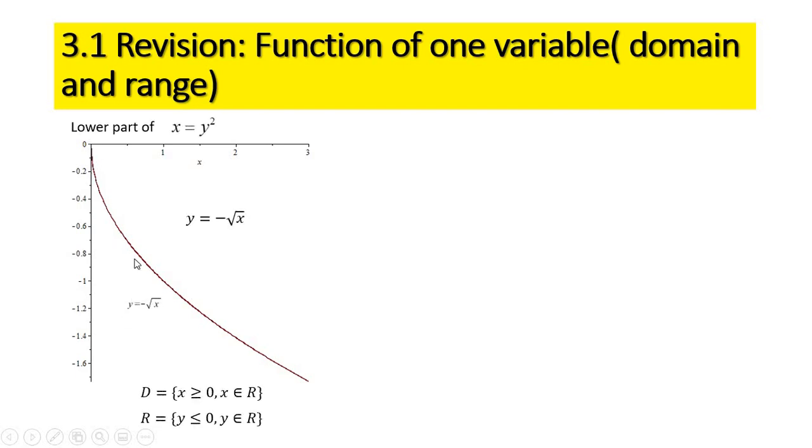For the domain, set whatever inside square root to be positive. Then y equal to negative square root. Even though this one is positive, but multiplied with negative, that's why y is less than or equal to 0.